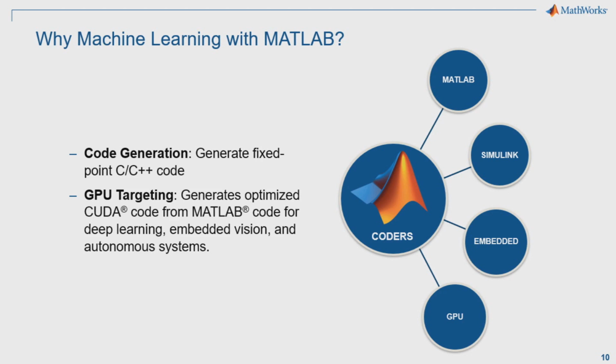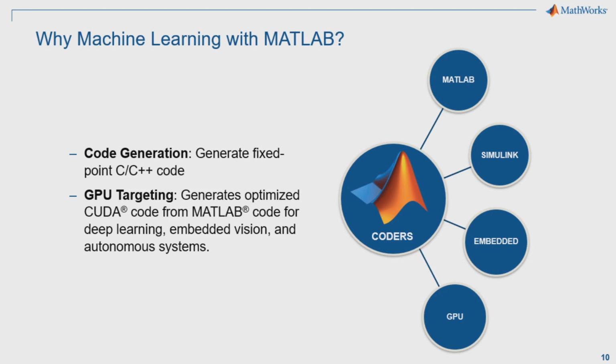All of these coders are useful in different cases, but just to wrap up the meaning of them, they allow you to generate fixed-point C and C++ code that can be used if you just want to move from MATLAB to C, maybe because you are writing code for a safety-critical application, for which C is typically more robust.